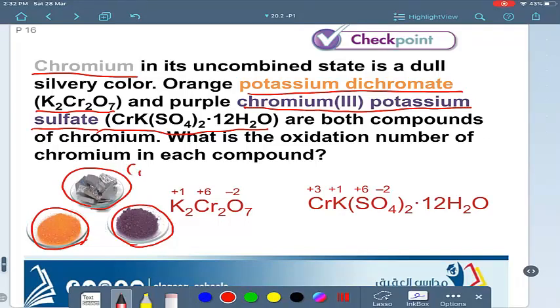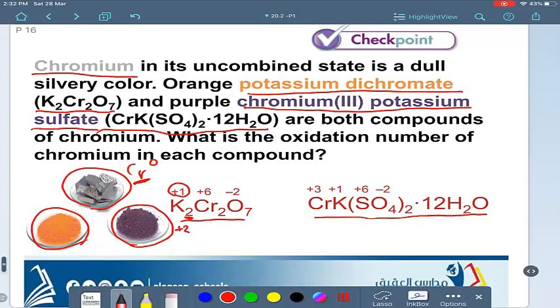If it's chromium in the form of metal, the overall charge is 0 because it's an element. But if it's in a compound like this or like this, what do we have to do to calculate the oxidation number of chromium? Look, potassium is +1. It's a metal from 1A. +1 times 2, because there are 2, is +2.